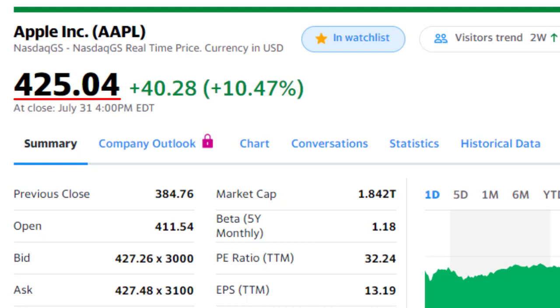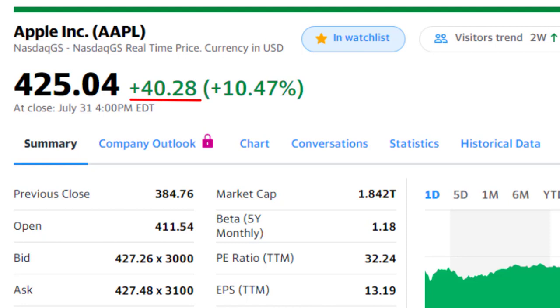Yahoo tells you that the price is real time, but usually it's delayed slightly by a minute or two. Next to the price, you will see how much the price has changed since the market opened. In this case, Apple's stock price is up $40.28 since it opened. Because it is up, this number is colored green.